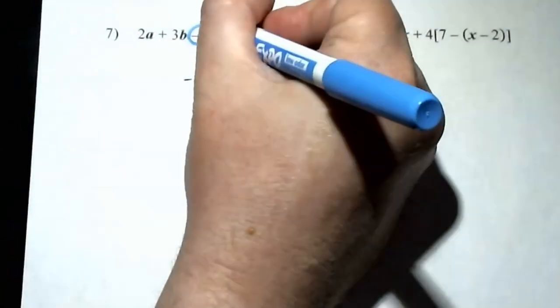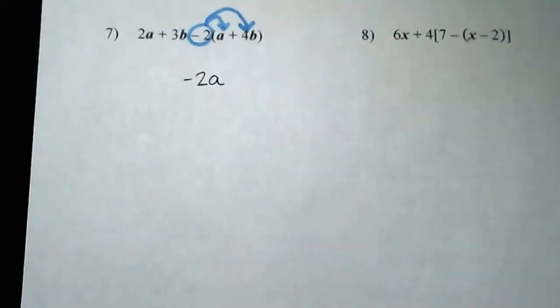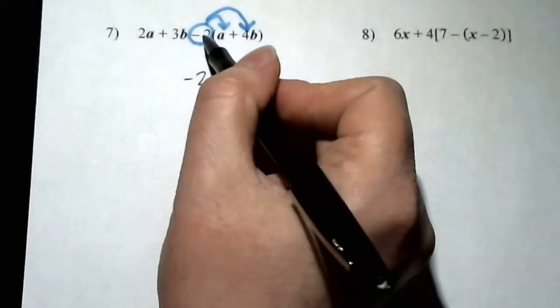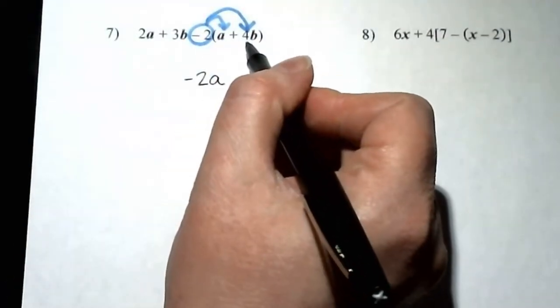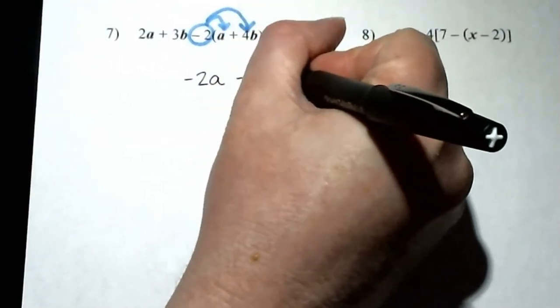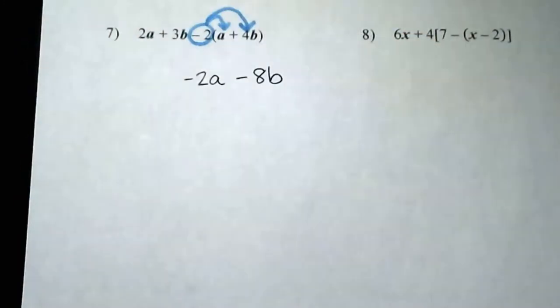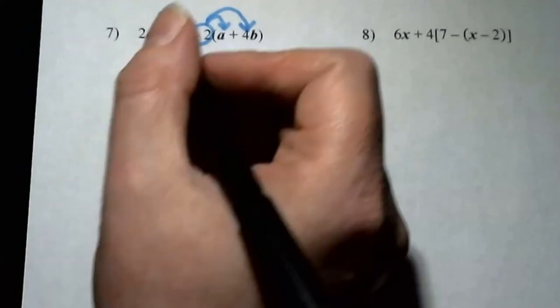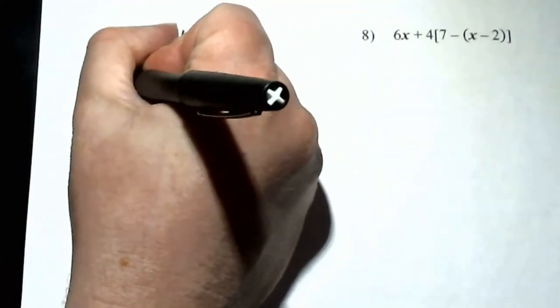Then -2 times positive 4B. -2 times positive 4 is -8B. Bring everything else down that you haven't used yet.